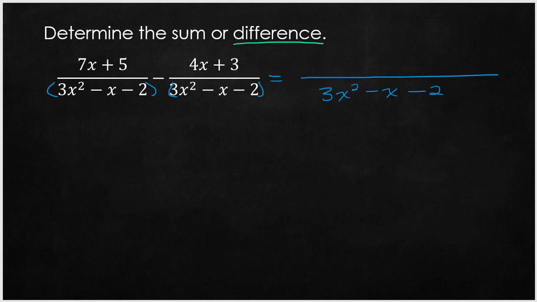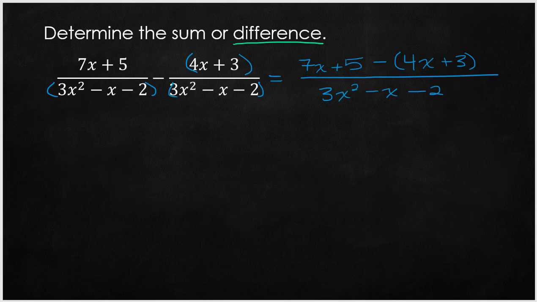Now I'm going to rewrite the expression in the numerator. 7x plus 5 minus. Now you want to go ahead and put parentheses around this entire numerator up here. And the reason is we're subtracting, so we're going to end up distributing a negative. And if you don't distribute that negative, it's going to mess everything up.